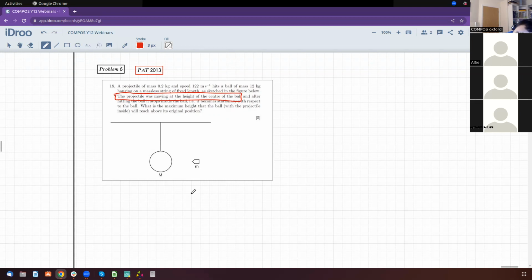If you ever play snooker, you would know that if you don't hit the ball in the center, it will start spinning. So Alistair, well done. Yes. You can do a forward spin, side spin, back spin, whatever spin.